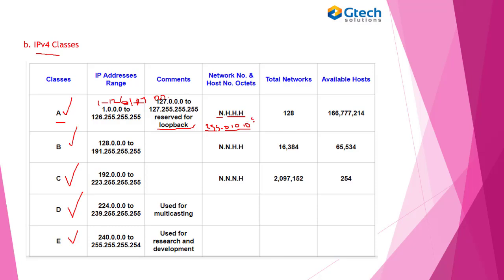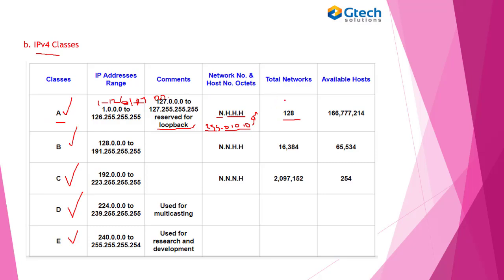This one is a subnet mask. So you have to understand the class A address: the network part contains 8 bits, while the host part contains 24 bits. 8, 24 bits. Total number of networks in class A address is 128.